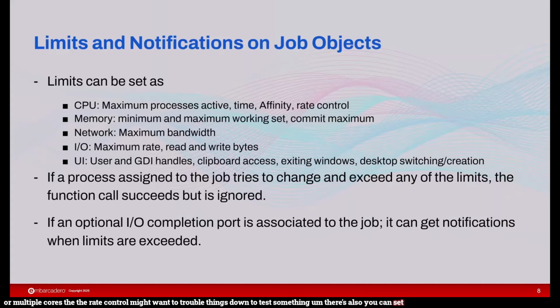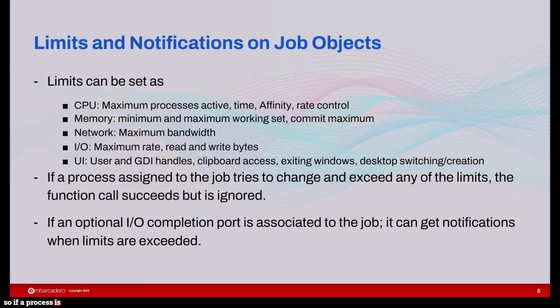You can also set the memory, the minimum and maximum working set, and the commit maximum. Network: you can control bandwidth. I/O would be the rate, read, write, and number of bytes. From the UI perspective, you could set it up so that a process cannot access the clipboard outside of the process, or exit windows, or do window switching and so forth.